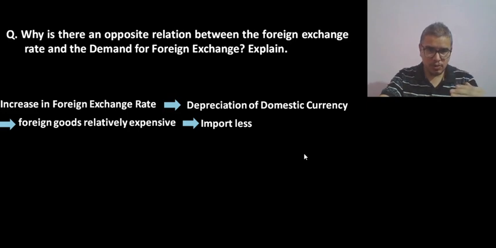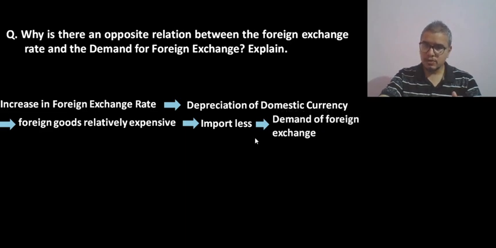Whenever import is more, more foreign currency will be demanded, and whenever import is less, less foreign currency will be demanded. Now here, since import is decreasing, the demand for foreign exchange will also decrease.